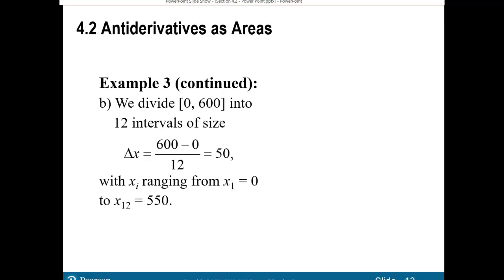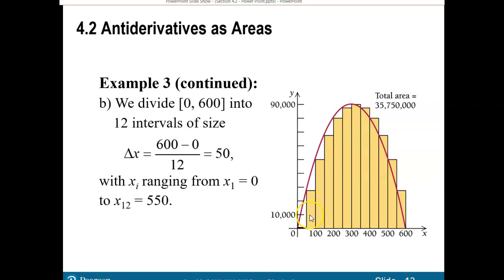Okay, part B wants you to divide the same interval into 12 equal pieces. So 600 minus 100, that's the b minus a, divided by 12 this time. So that means each subinterval has a width of 50, so they're smaller. So here your x sub i's, x sub 1 is still going to start at 0, but x sub 12, because there's 12 of them, is going to be 50 less than this endpoint, so 550.